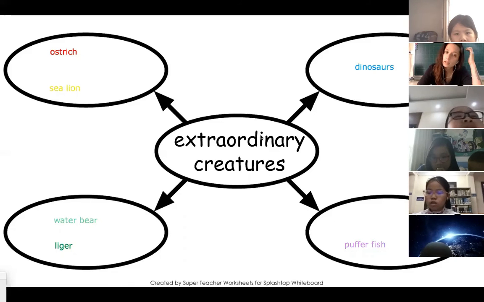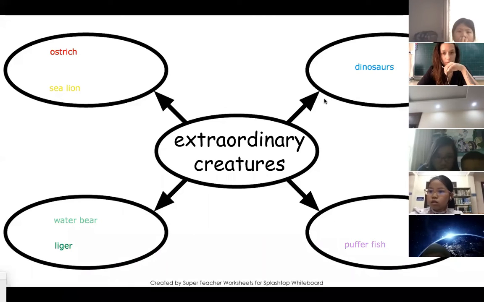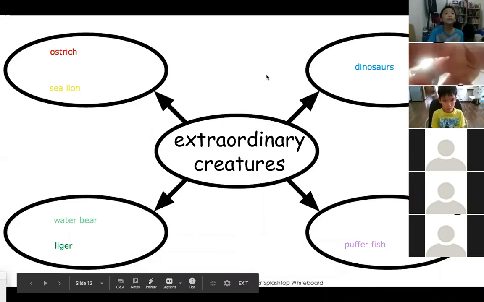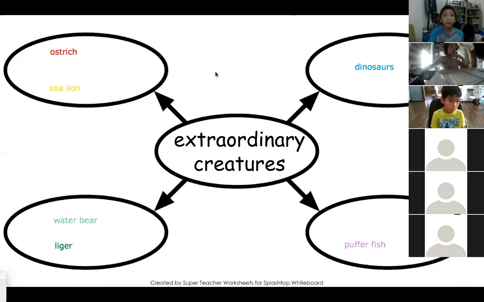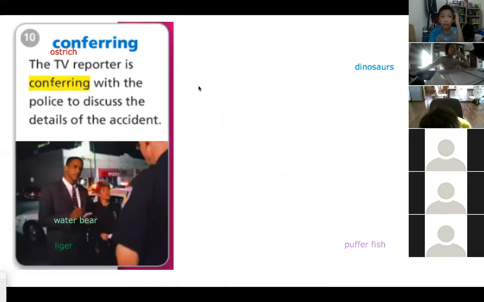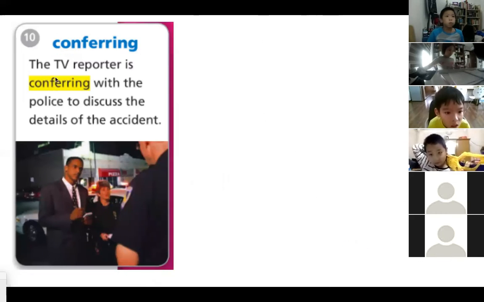Lily, why are ligers extraordinary? What else did we say? Who said dinosaurs? Was that you? Why are dinosaurs extraordinary? Because they're very huge reptiles. Okay, very good.